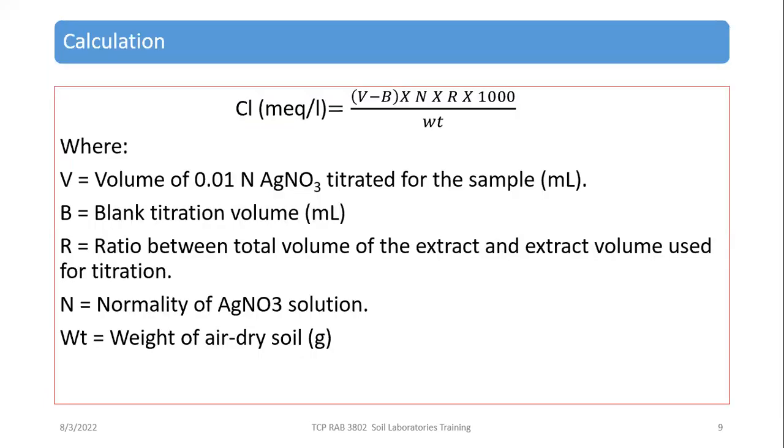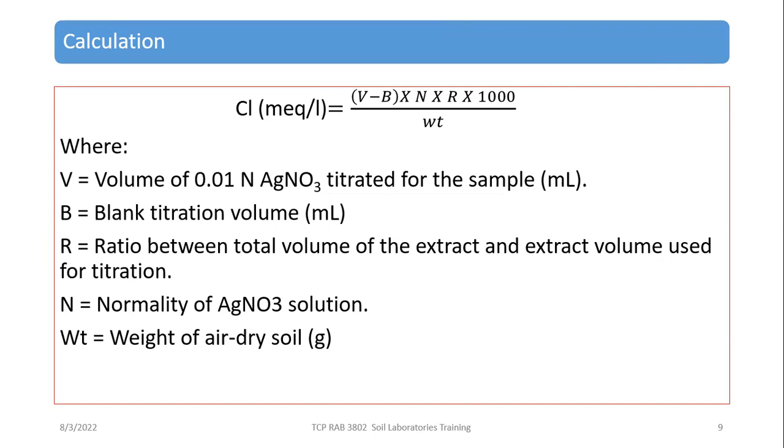The calculation will be: chloride in milliequivalent per liter equals (V minus B) multiplied by N multiplied by R multiplied by 1000, and all of that divided by the weight. Where V is the volume of 0.01 normality silver nitrate titrated for the sample in milliliters.